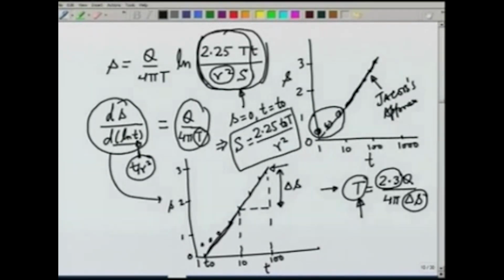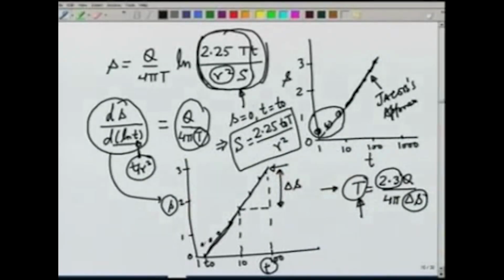So, the procedure is, first we have to plot the data on a semi-log plot, where t will be plotted on log axis, S will be plotted on arithmetic simple axis. Once we plot the data, we look at the data and see what portion can be fitted by a straight line.